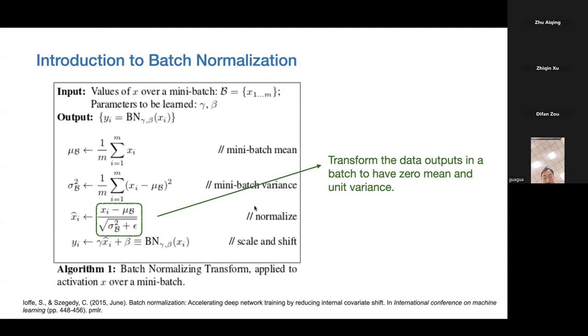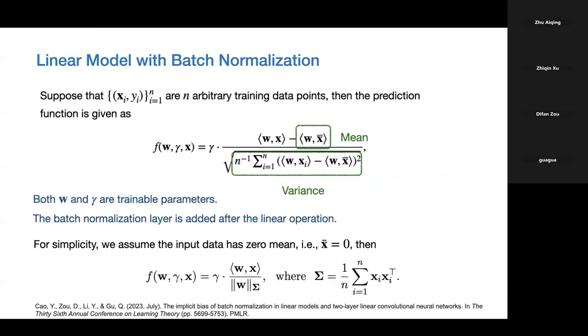And then after doing the normalization, we will have the scale and the shift. But in practice, we just consider the simple case, we only have the scale rather than the shift, and we do not consider the shift. By adding the batch normalization to the linear model, we obtain this formula. We just subtract the mean and divide by the standard deviation, to make the model output have a zero mean and a unit variance.